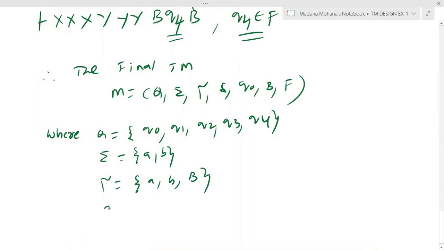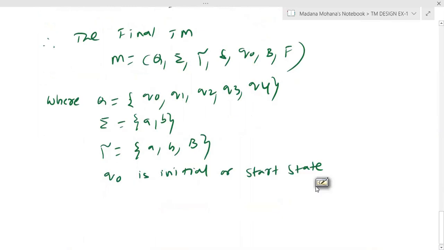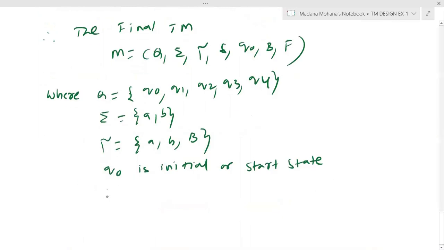Then Q naught is the initial or start state. Then blank, B belongs to tau, is the blank symbol.